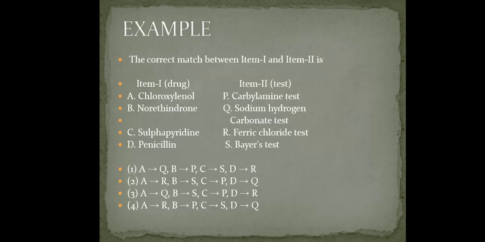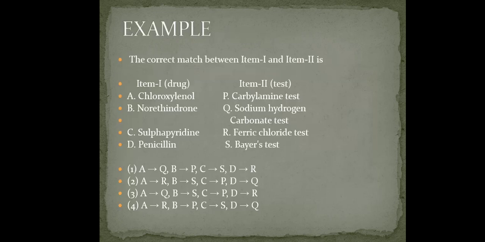The first column is about drugs, and the second is about tests. You can see all the four tests which we have just discussed: carbylamine test, sodium hydrogen carbonate test, ferric chloride test, Bayer's test. Now we are very clear which test is for which functional group. Now the question is, which functional group is present in which drug?